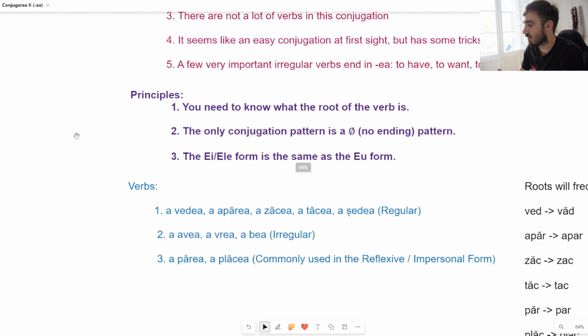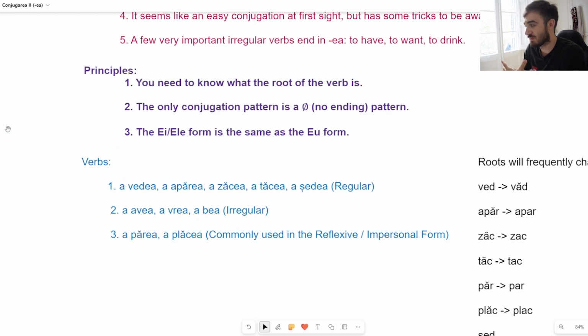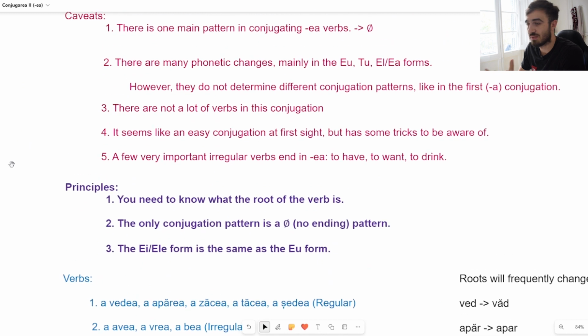By that I mean verbs like to sit, to lie down. They are probably not the verbs that you will learn in the first couple of months, maybe, or in the first couple of levels in Romanian.